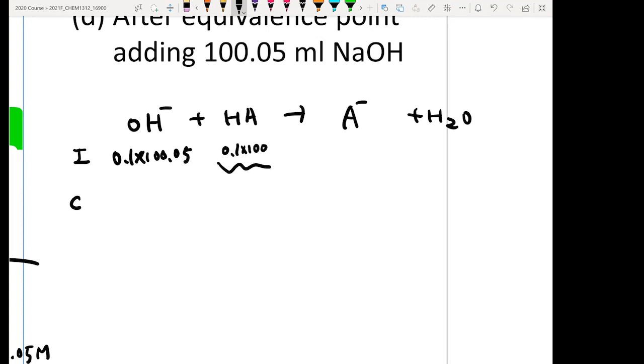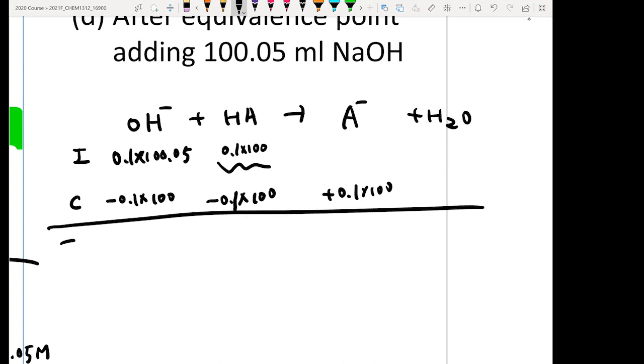You're going to have minus 0.1 times 100 here, and plus 0.1 times 100 here. Once you reach equilibrium, all you have is 0.1 times 0.05 of OH minus, 0 for HA, and 0.1 times 100 for your A minus.